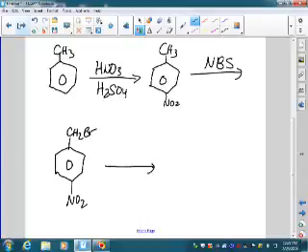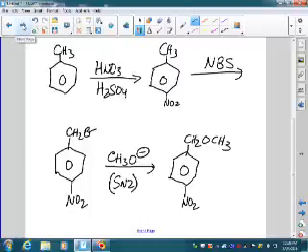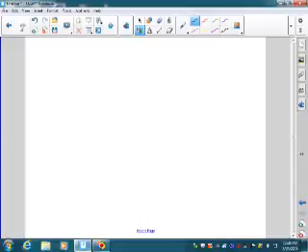And then we need to replace that bromine with an OCH3. So how do we do that? Yeah, with OCH3 minus. It just does an SN2 reaction. We're going to be doing a bunch of SN2 reactions this semester, so that's a really important reaction.